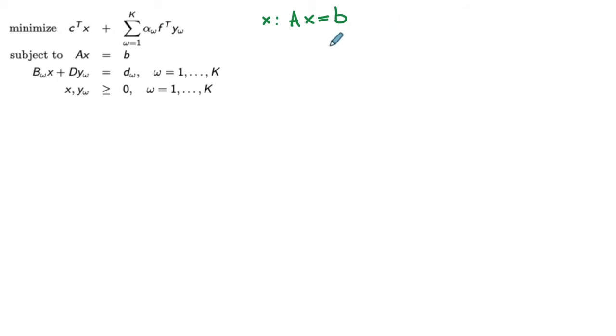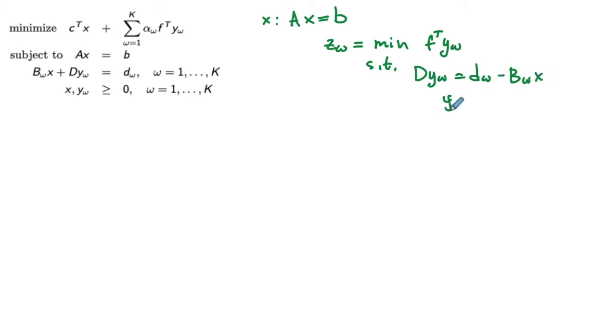So let's denote by z omega the minimum of f transposed times y omega, subject to D y omega is equal to d omega minus B omega times x. And of course y omega is non-negative. And we can write down this LP for every omega between 1 and K.